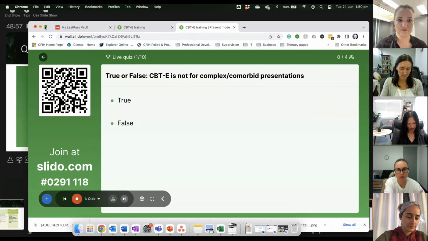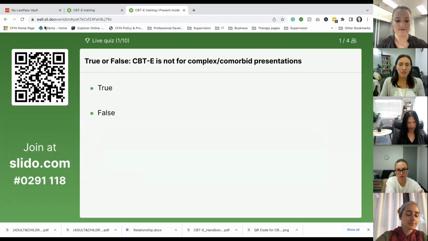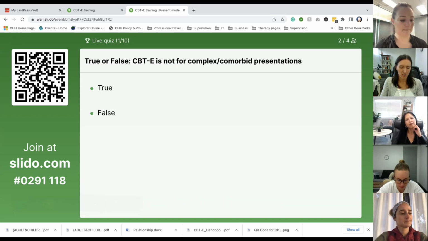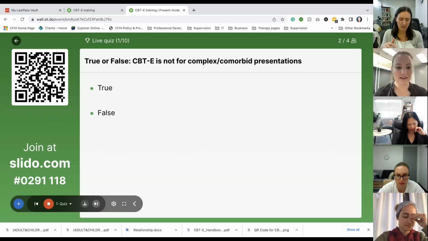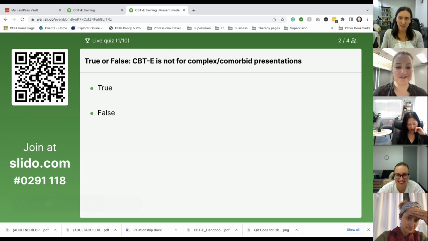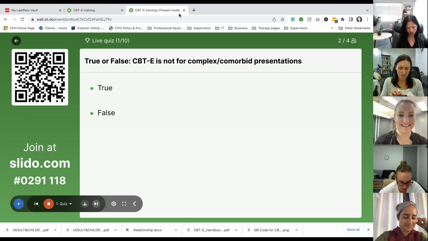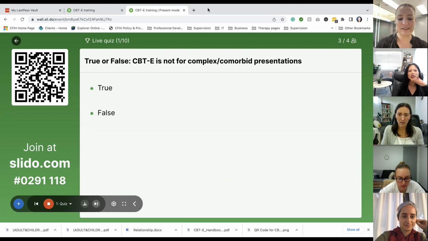Do you all have the same screen as me? I can't see you because I've put it on full mode. Yeah, I can see the same question. Do we just click through at our own pace? That's a really good question. It looks like you do. Once you send one, it doesn't tell you the next one. Maybe we can do one at a time, just because I put in little leaderboards.